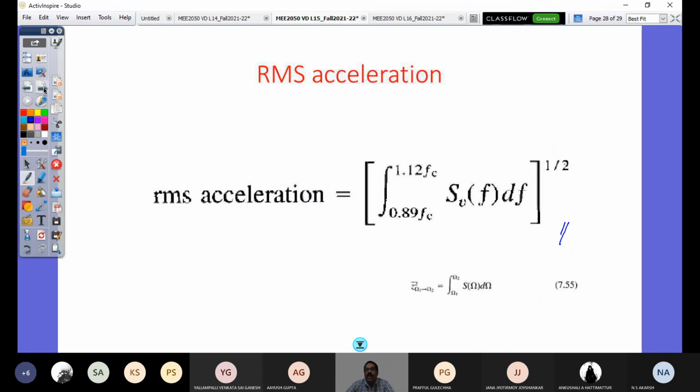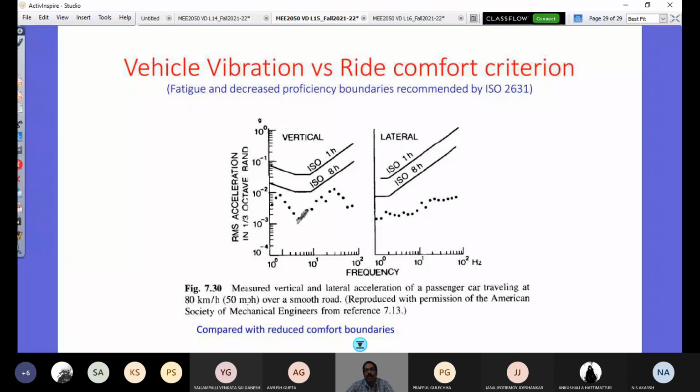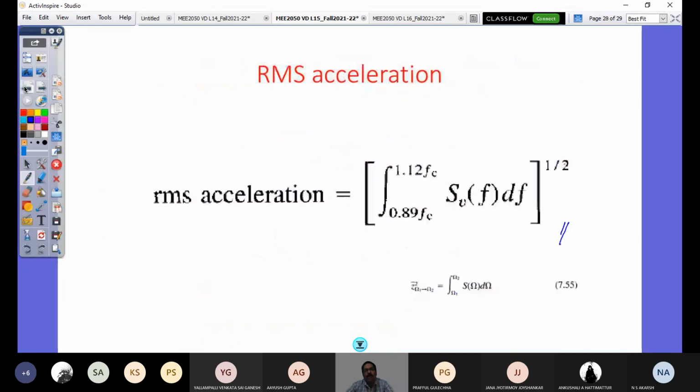Again, yeah. So with that note, let me stop today's lecture by showing you this case study. Now you would know what I'm talking about. These dots refer to RMS acceleration as a function of one-third octave band when driving on a road profile, particularly a smooth road. When I say smooth road, you are now able to immediately get back to this.